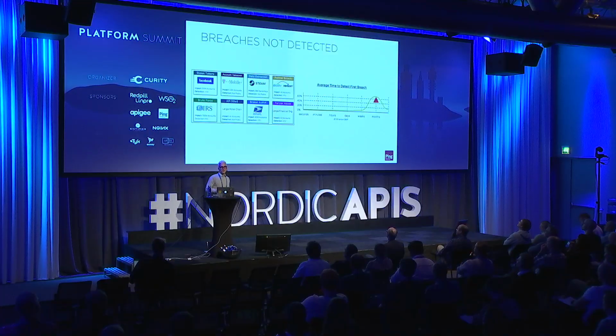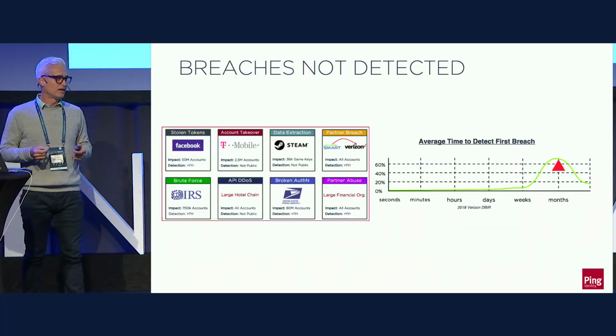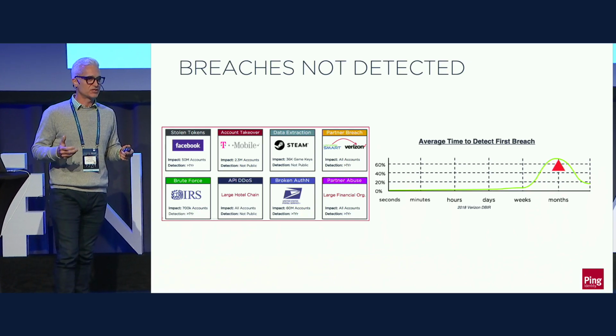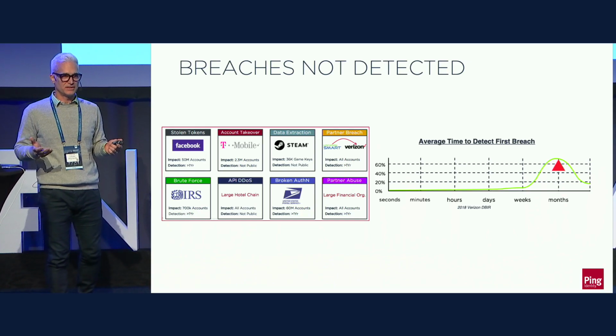And if you're looking at a lot of the breaches that have been happening, and I've got a sample here from some of the more famous ones, one of the things that they have in common is that it takes months, if not years, for these breaches to be detected. And to me, that's just another way of saying that they're not detected.